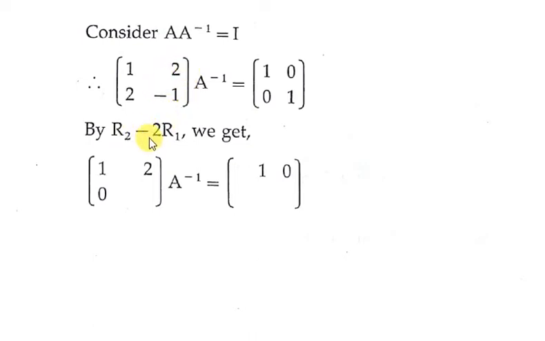So minus 1 minus 2 into 2, that is 4, and minus 1 minus 4 is minus 5. Hence we got the element minus 5. Now on the opposite side, the values for R2 are 0 and R1 is 1. So 0 minus 2 into 1, the result is minus 2. And the last part, R2 is 1 and R1 is 0. So 1 minus 2 into 0, that is 1 minus 0, which is equal to 1. So this is the way we get those elements.